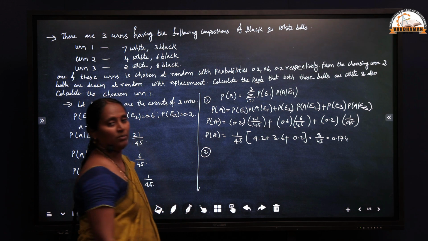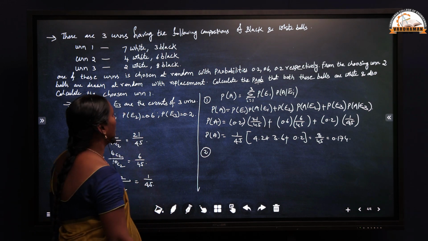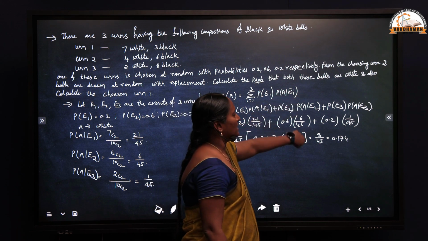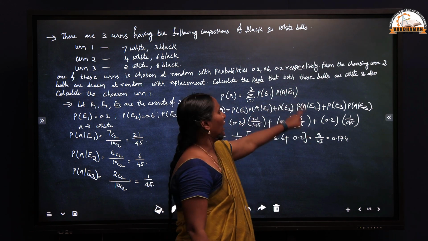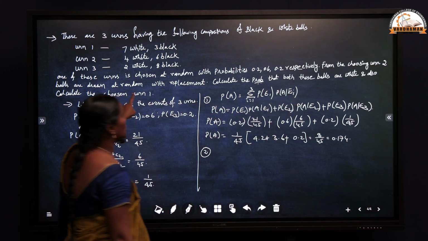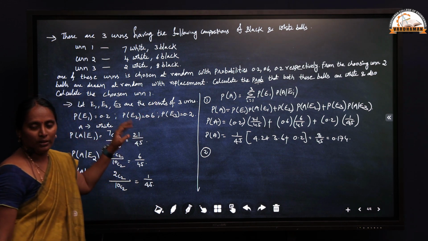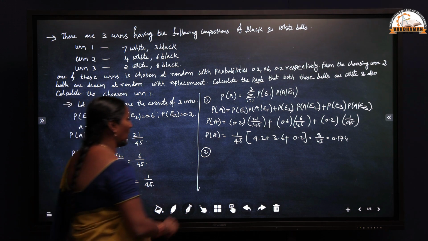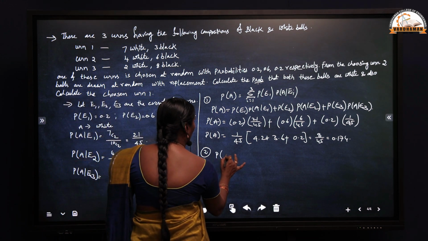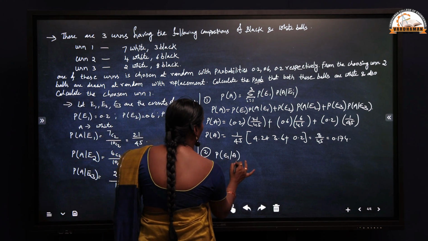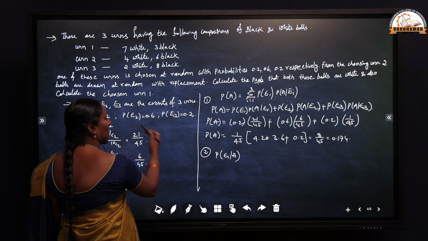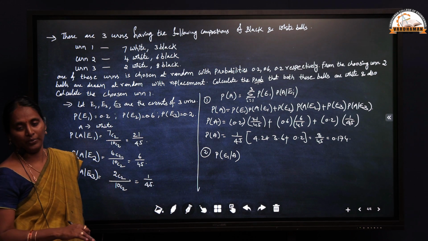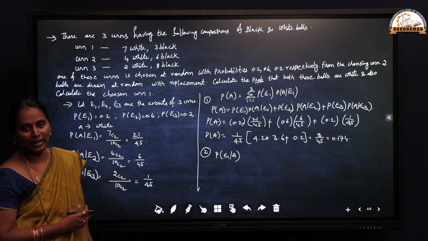Now let us see the next problem. Your problem is not completed yet. Calculate the probability that both these balls are white. This is what we found as P of A, and also calculate the chosen urn 1. The ball should be drawn from urn 1. So what we are going to find now is P of E1 given A. The ball should be white and drawn from urn 1, so we apply conditional probability.